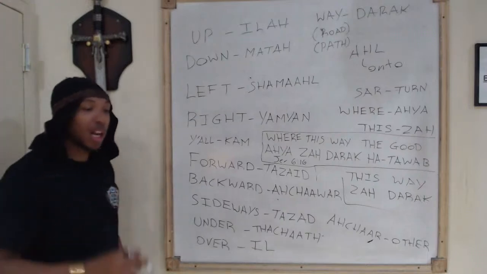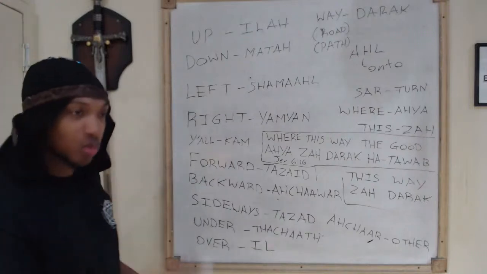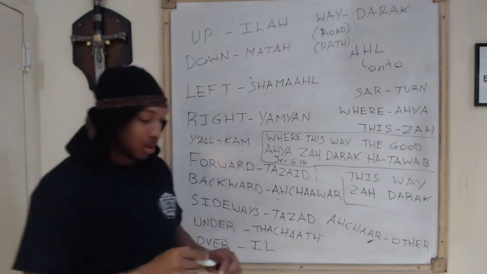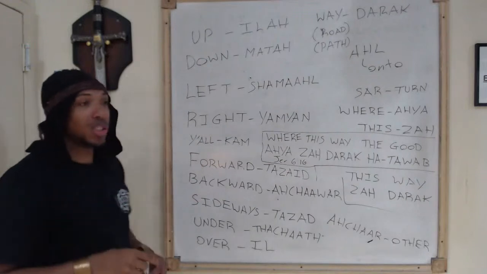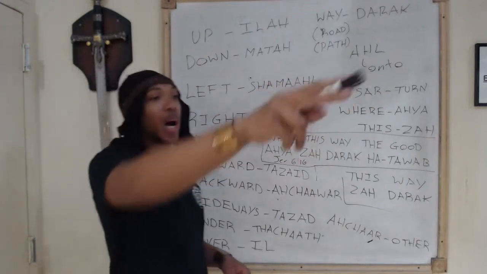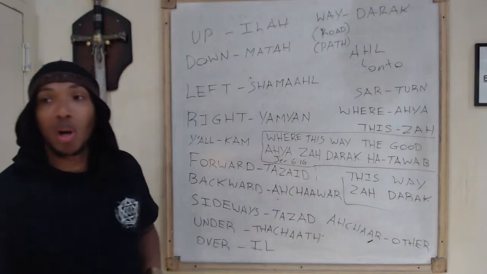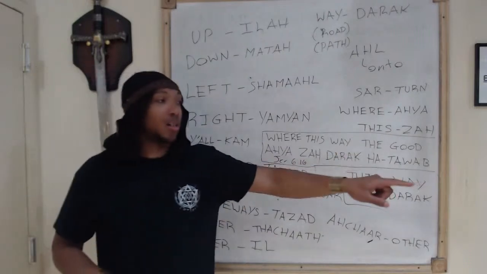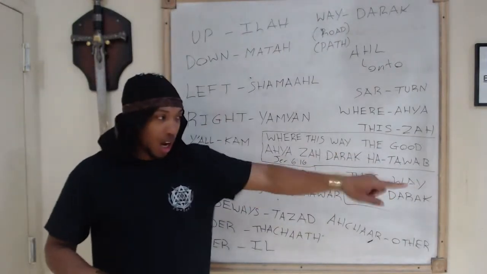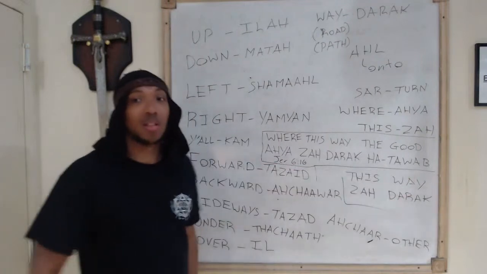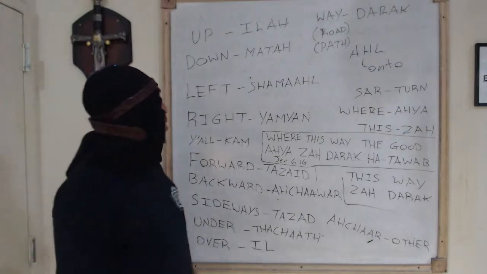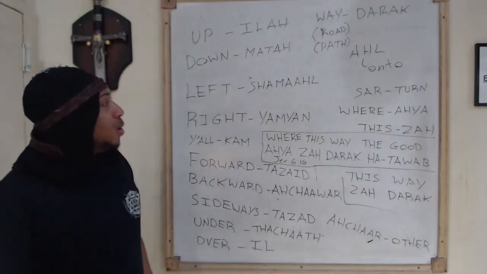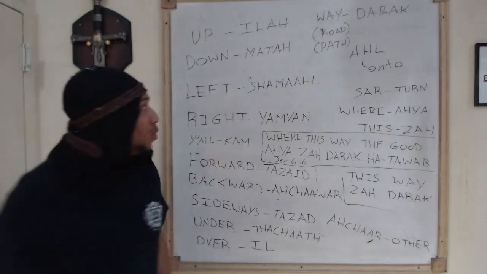Likewise, laka. Laka means to you. La is to, and ka is you. Laka. Or say to him, lawa. To her, laha. I'm gonna put it on the board too.